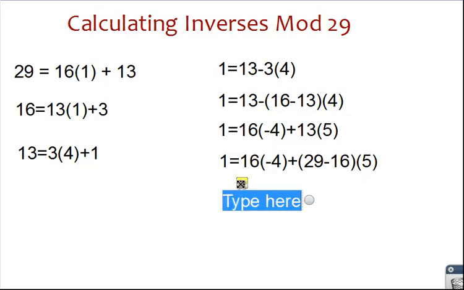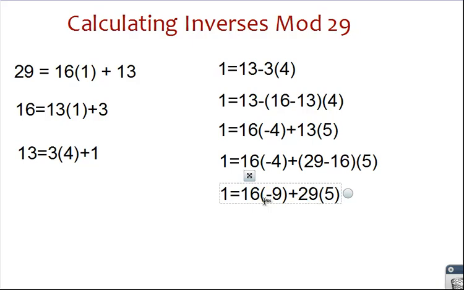We just combine, I guess we could call them like terms here. We combine multiples of 16. We've got 16 times negative 4 and another negative 16 times 5. So that's a total of 16 times negative 9 plus 29 times 5.